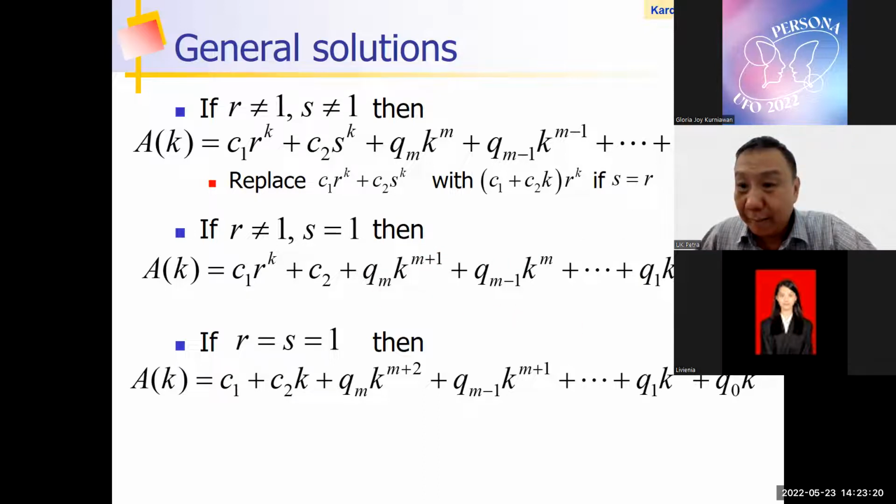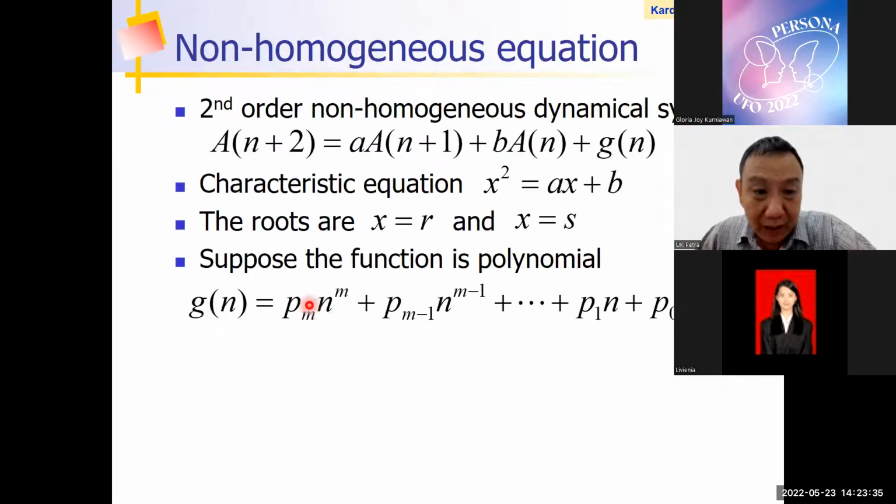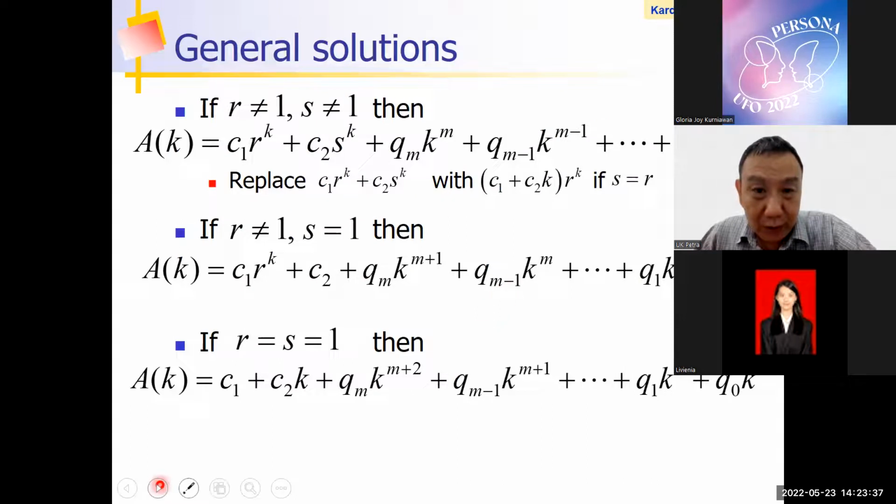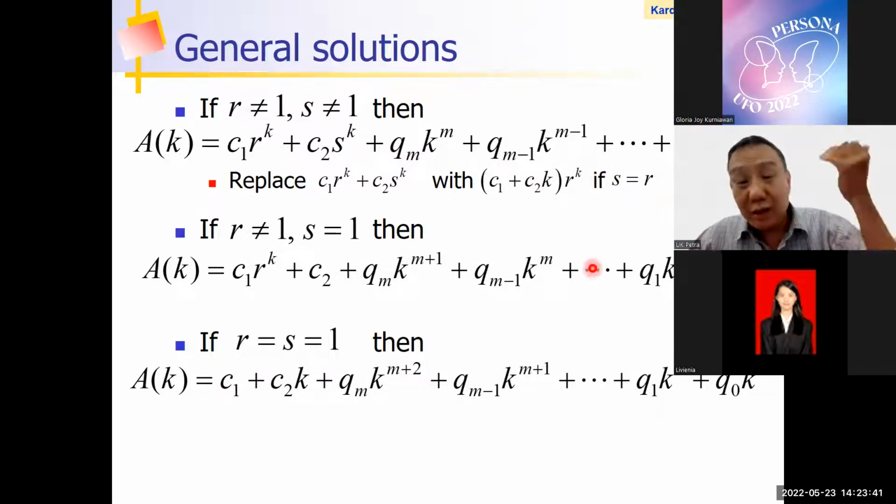Can you see it? Again, this is the solution for the homogeneous part, and this is the part for the polynomial. Of course, the polynomial is based on p, so the solution is based on q. So q is just a number.